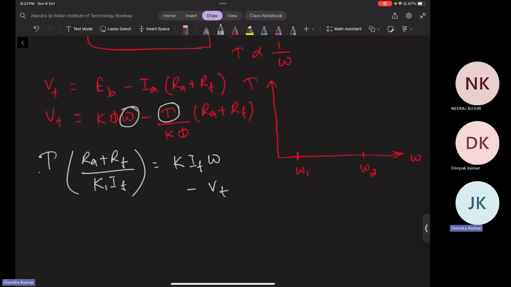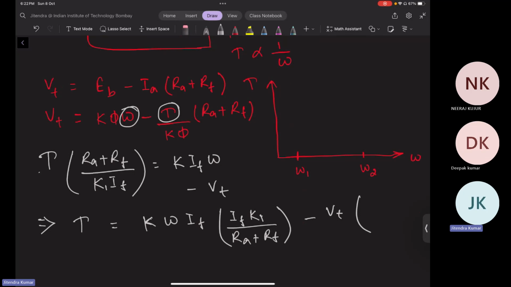I hope you can see where it is going. Now if you equate it, you will get K omega IF into K1 divided by Ra plus Rf, minus Vt into K1 IF divided by Ra plus Rf.